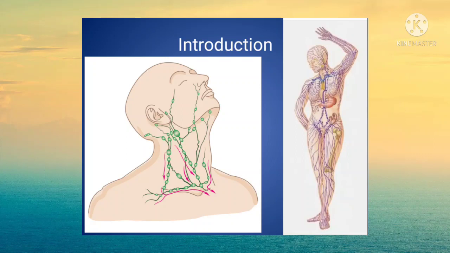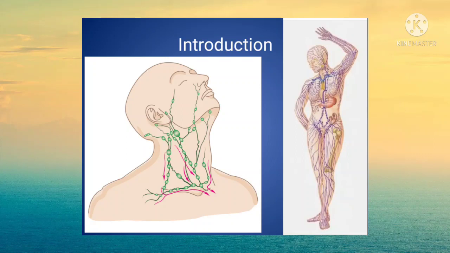the root of the neck. Most of the lymph reaches the deep cervical nodes after being filtered through the outlying lymph nodes, which are arranged in outer and inner circles.